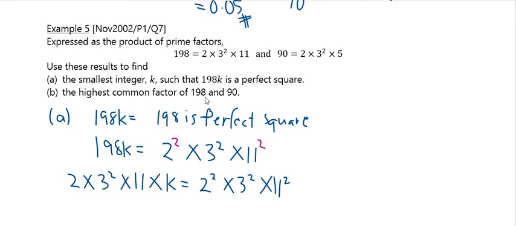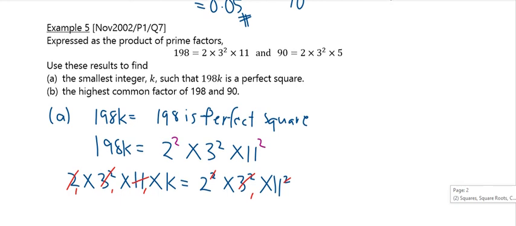Notice that here, I repeat again, this one is when 198 multiplies something to make it a perfect square. So what you're going to do next is going to cancel what you see here, 2 and 2 squared, so you cancel one 2, and then 3 squared is cancelled altogether to make 1. And 11, you have to cancel one 11 to make it 11 squared, so it will become 11.